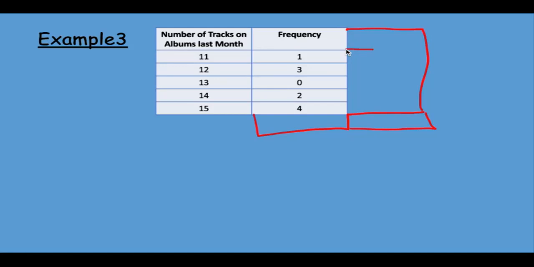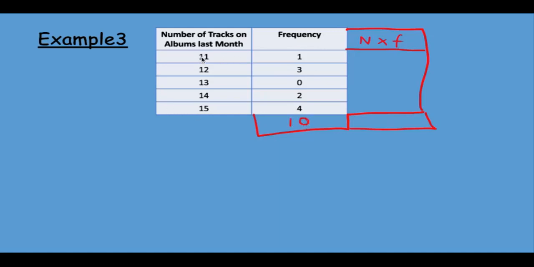Adding our bits on. That's really untidy, that one, isn't it? So first job, we're going to add all these up. So I can see we've got 1 plus 3 plus 2 plus 4, so we've got 10 here.